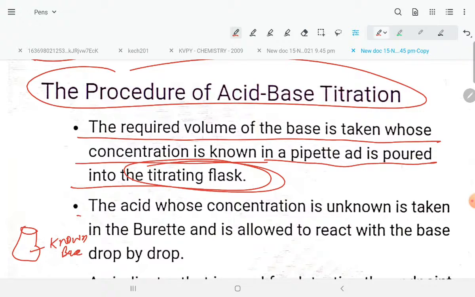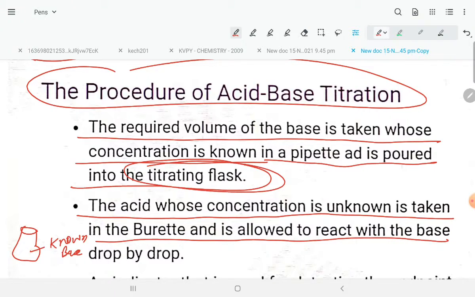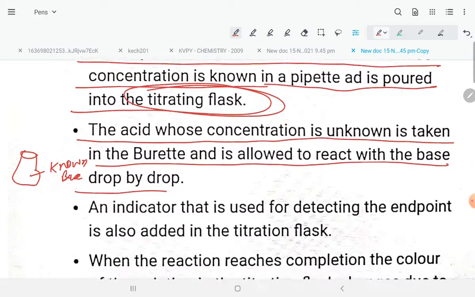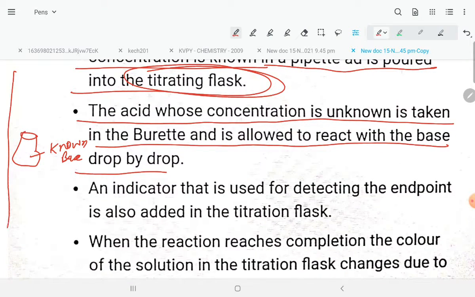Now, the acid whose concentration is unknown is taken in the burette and allowed to react with the base drop by drop. This is the burette, and with the burette we are pouring drop by drop.